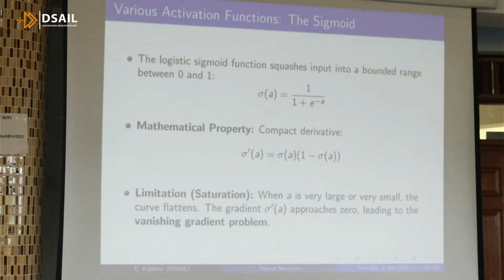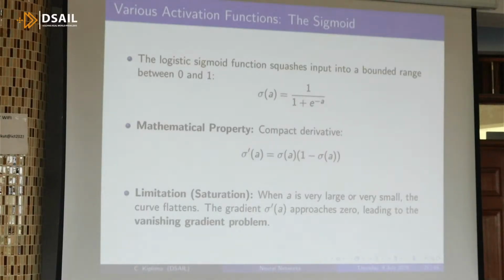So it's a very convenient activation function. It has a limitation though. When A is very large or very small, the curve flattens. We said it takes values between 0 and 1. So when A is very large, close to 1, or very small, close to 0, the curve flattens, as we already saw.